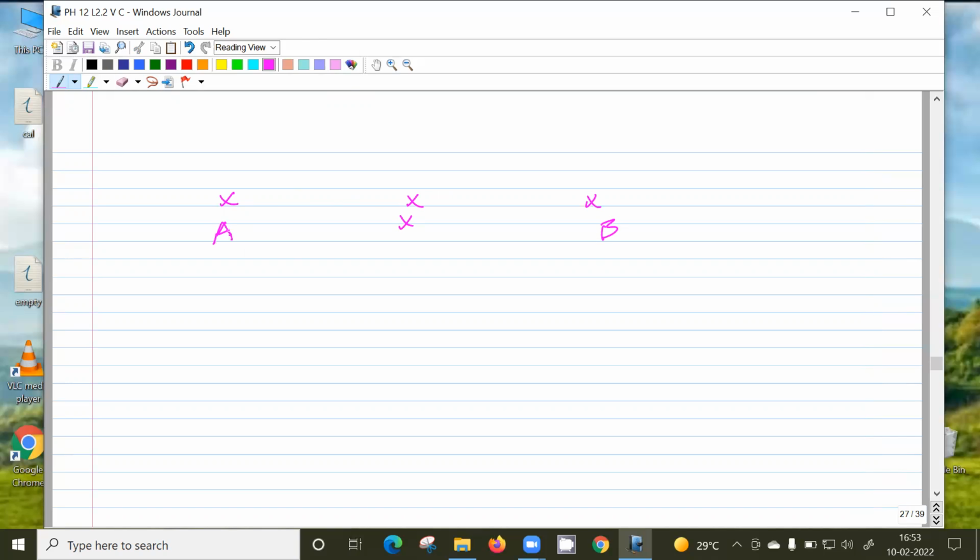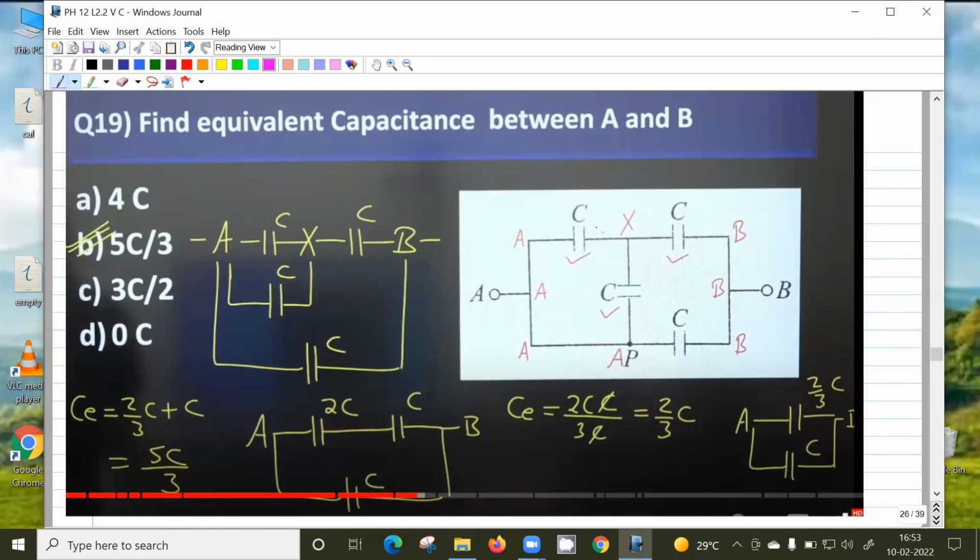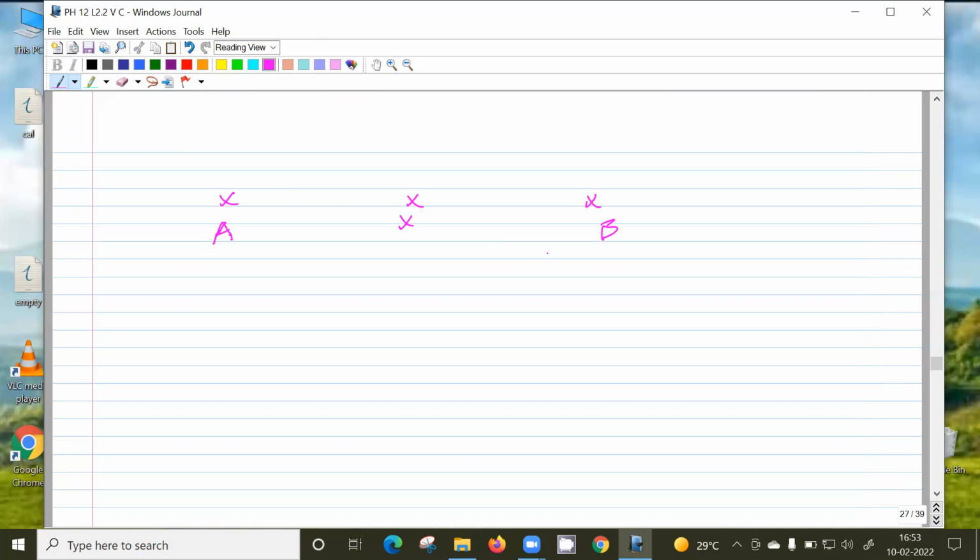So there are 4 capacitors, right? This capacitance is between A and X, and this capacitance is also between A and X. So there are 2 capacitors between A and X. They are in parallel.